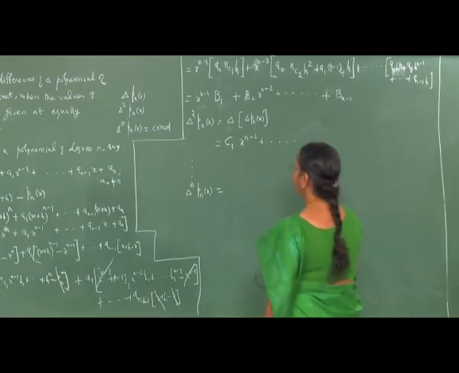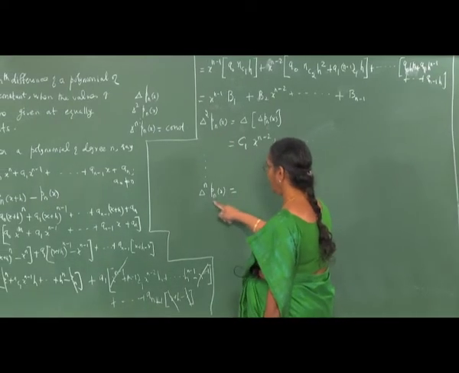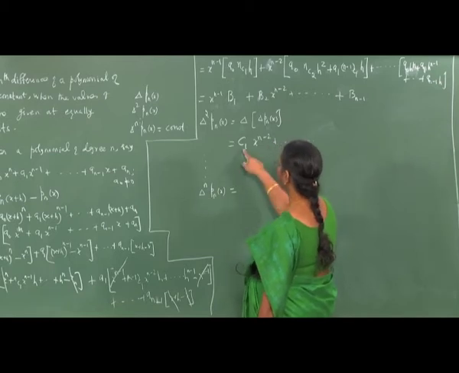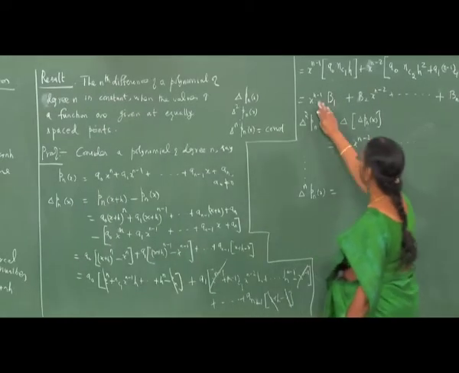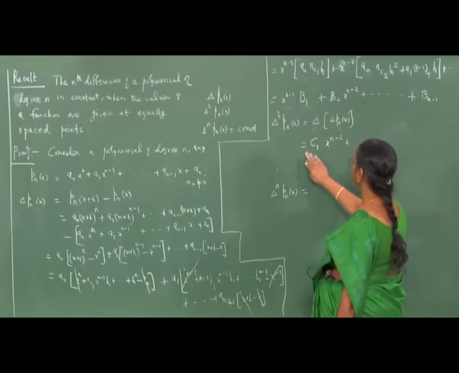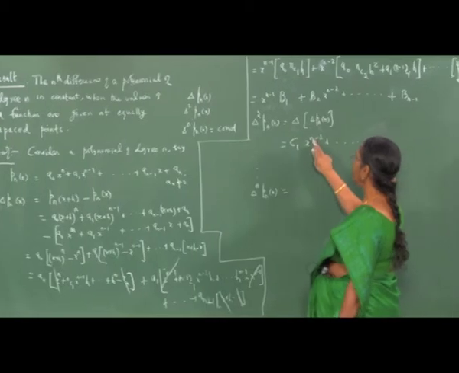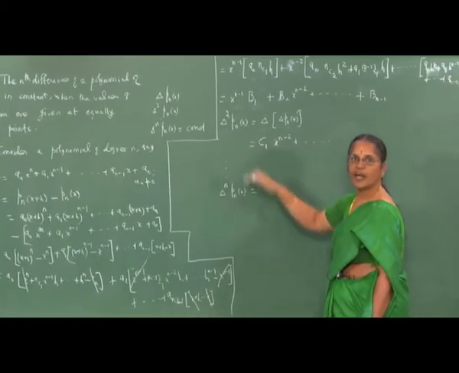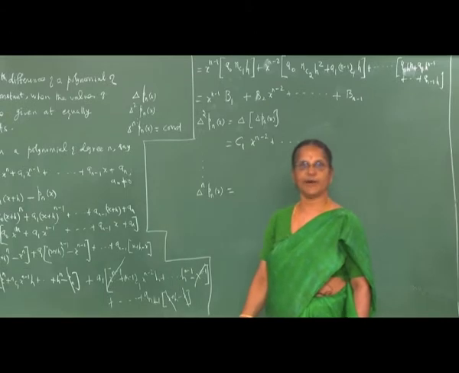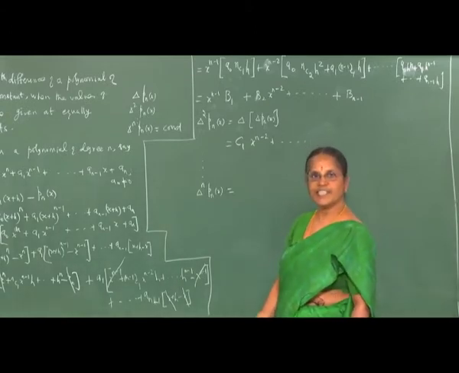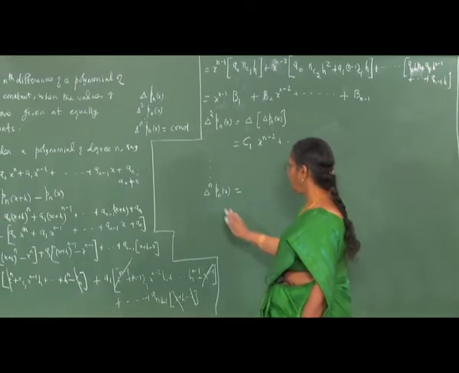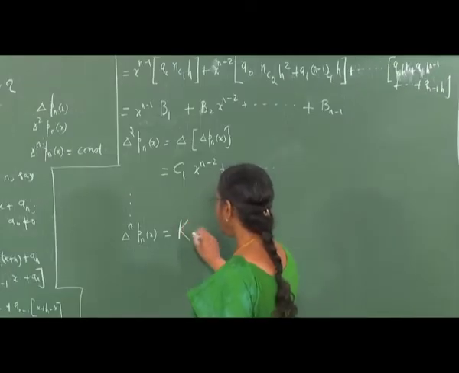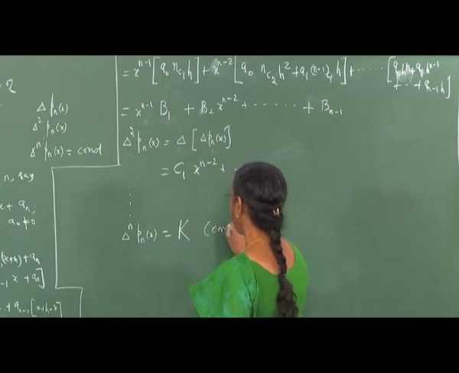So, when I take the nth order differencing on Pn of x, that is going to give me, just see, first order difference a polynomial of degree n minus 1. Second order difference gives me a polynomial of degree n minus 2. The third order difference of Pn of x will give a polynomial of degree n minus 3 and so on. The nth order forward difference of a polynomial of degree n is a constant, say k, and that is what we want to show.